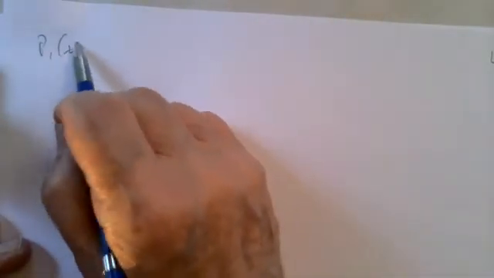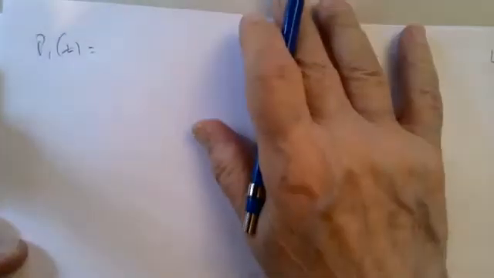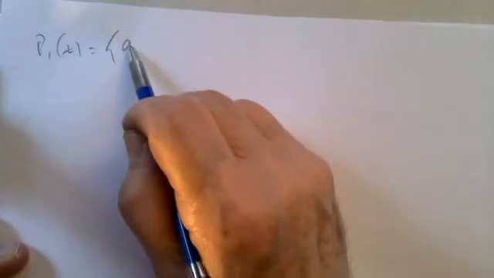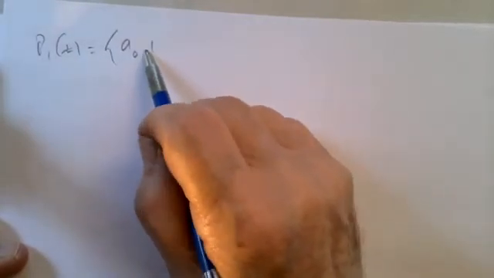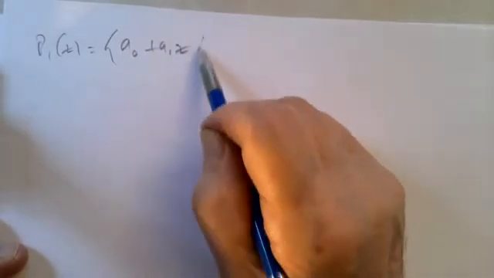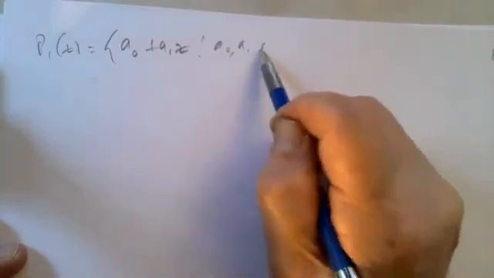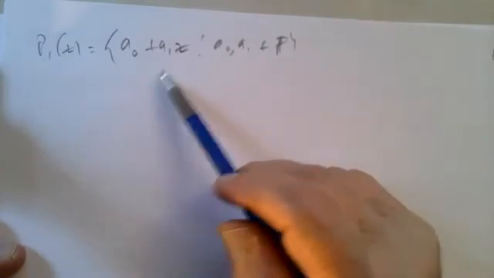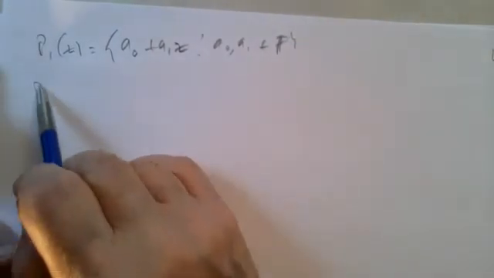So for example, P1 of z, which is all polynomials of degree at most 1, is everything of the form A0 plus A1z, with A0, A1 elements of the field. All linear polynomials are constant polynomials.